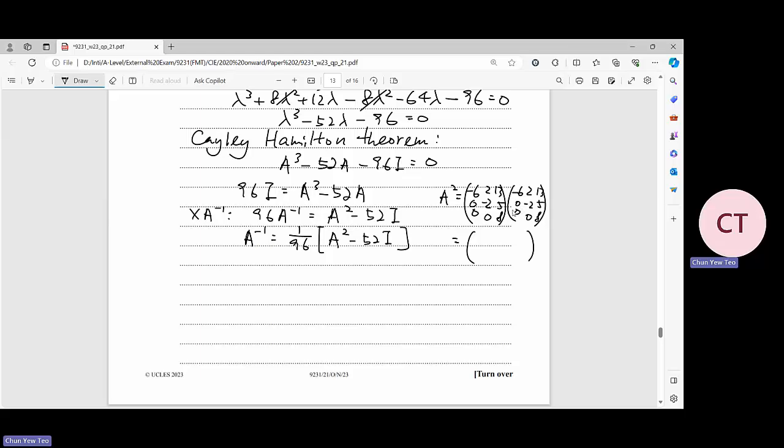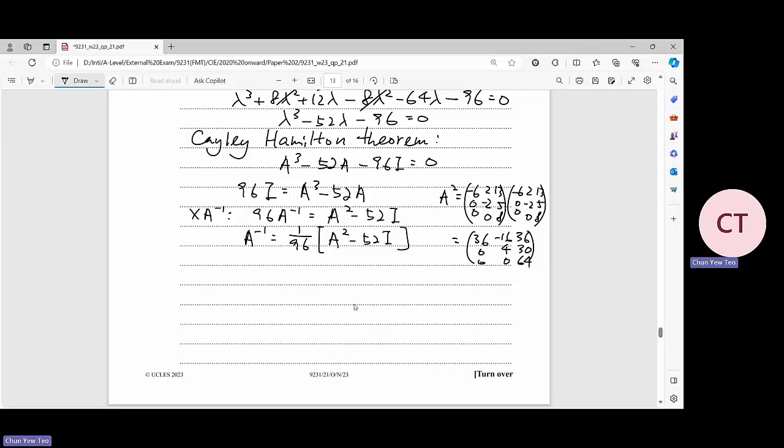So how to get the A squared? If you expand directly, you get 3600, negative 1640, and 36, 30, and 64.